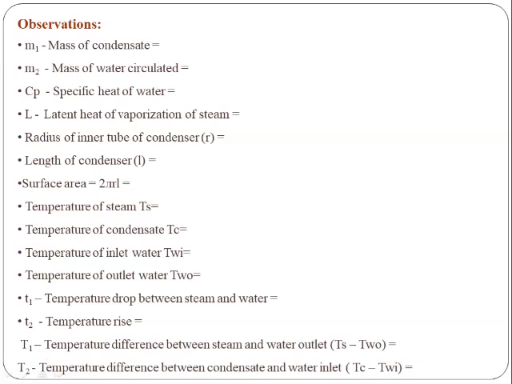Then small t1 be the temperature drop between steam and water and t2 be the temperature rise. Capital T1 be the temperature difference between steam and water outlet and capital T2 be the temperature difference between condensate and water inlet.